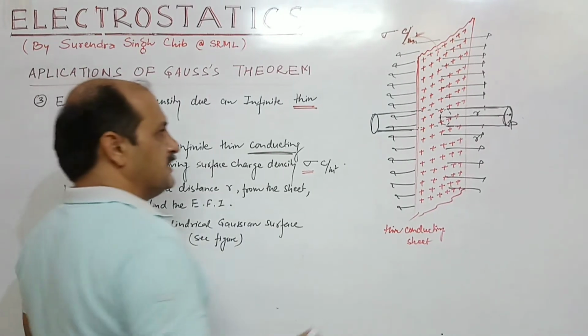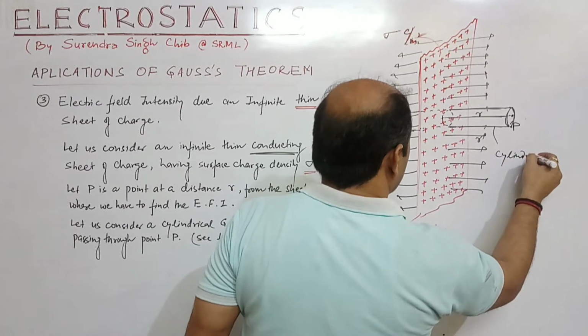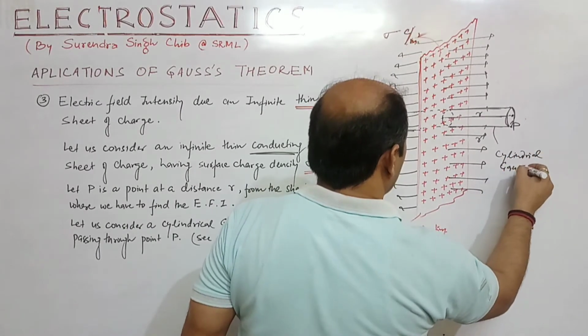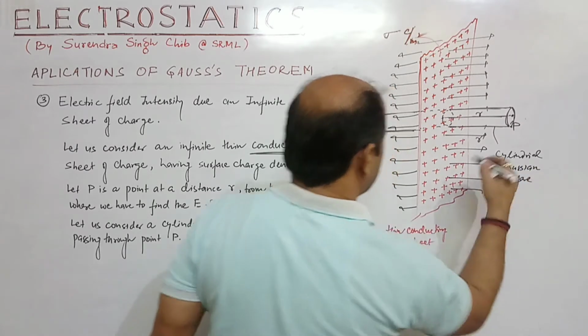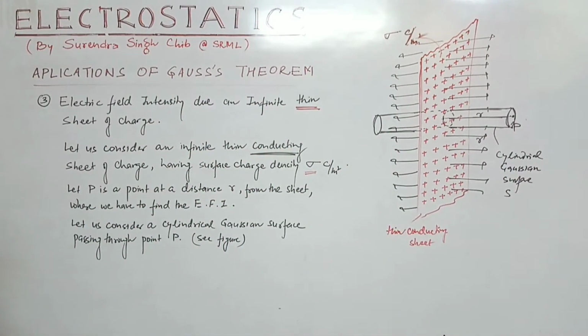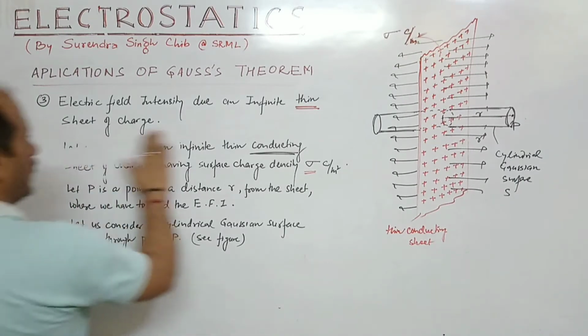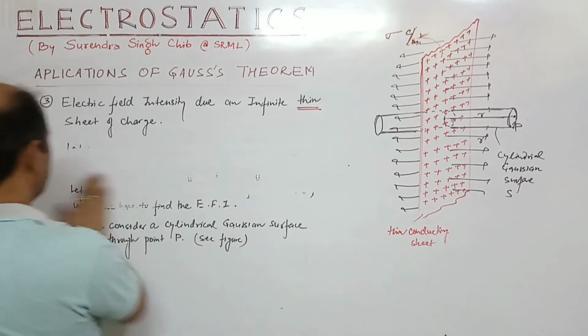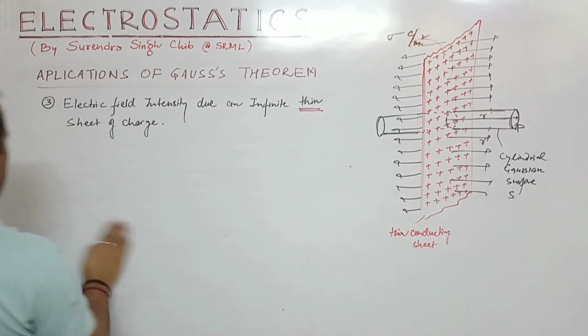We have taken a cylindrical Gaussian surface S. Now let's apply Gauss's theorem. What does Gauss's theorem say? Apply Gauss's theorem.